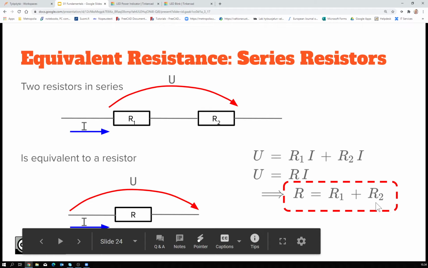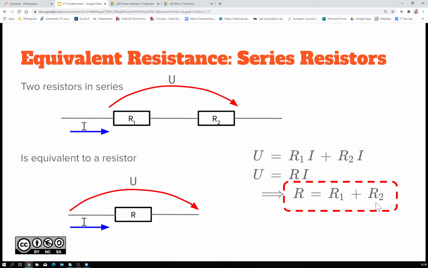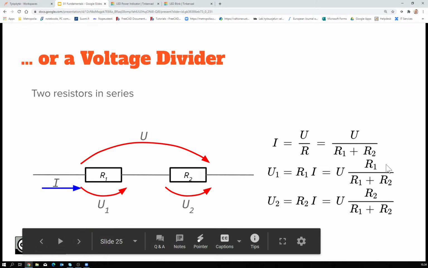So if you have two resistors in series, the total resistance is their sum. This is quite handy. If you don't have a 2 kilo ohm resistor, but you have 1 kilo ohm resistors, you just put those in series and now you have a 2 kilo ohm resistor. Easy. You might sometimes need that one.